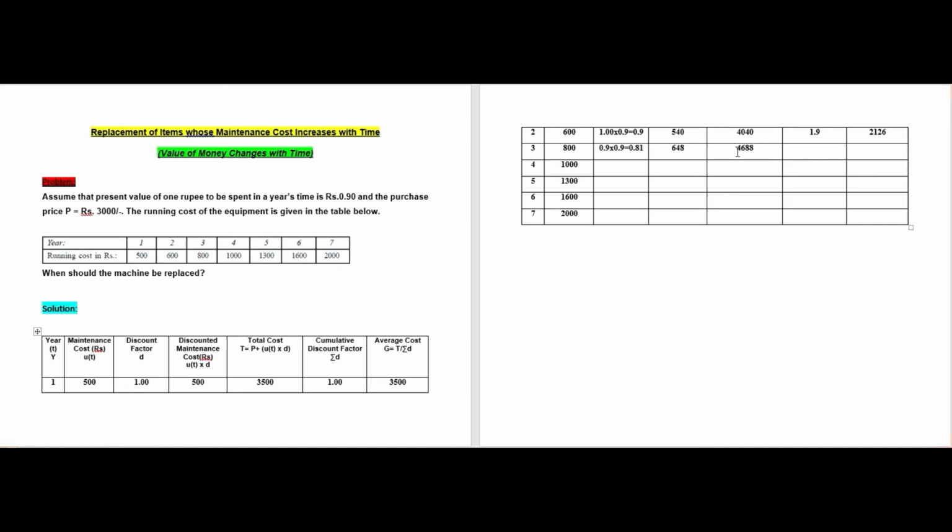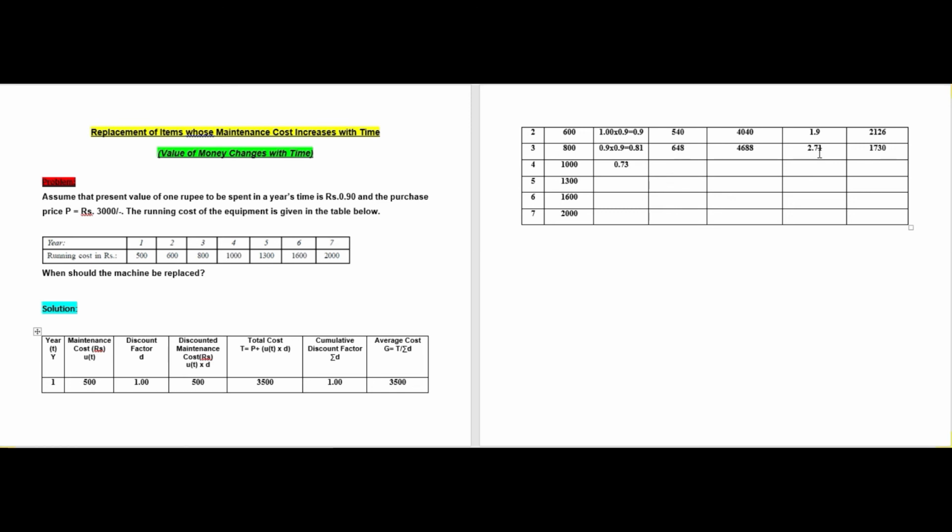The cumulative discount factor equals 1.9 plus 0.81, which is 2.71, and the average cost equals 4688 divided by 2.71, which becomes 1730. For the fourth year, the maintenance cost is 1000 rupees and the discount factor is 0.81 into 0.9, so it becomes 0.73.